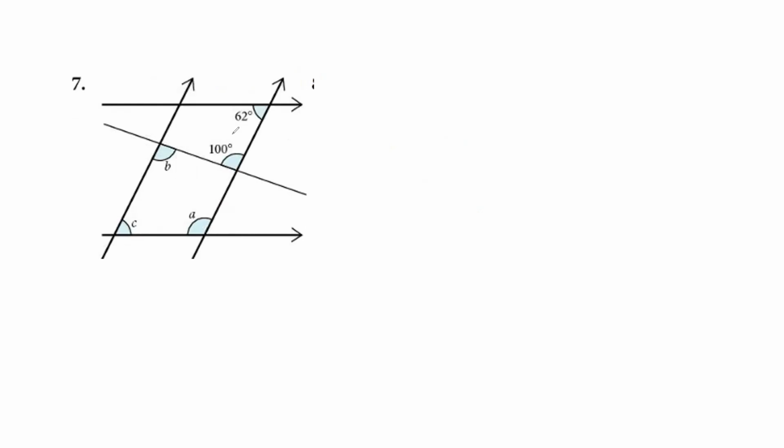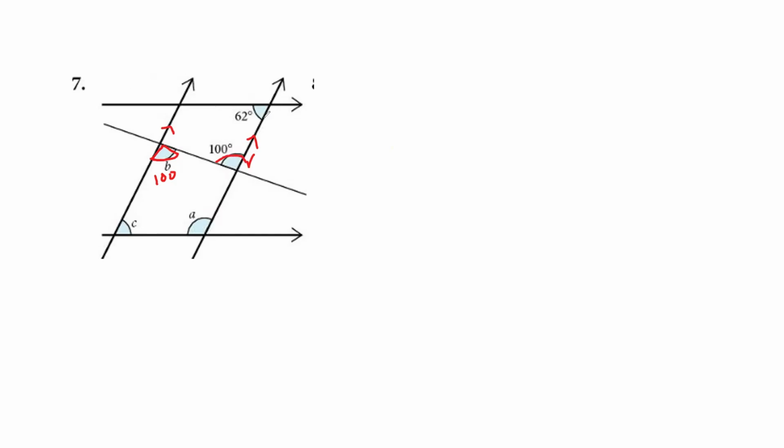Okay, now let's see here. This is 100, so this will be 100, right? Because these two are parallel, so this is an alternate angle. This and this one are alternate angles.